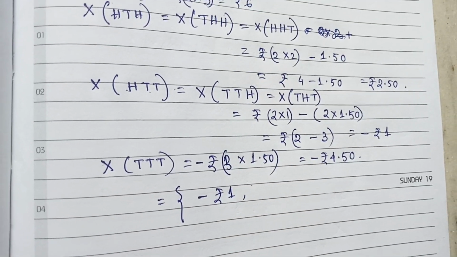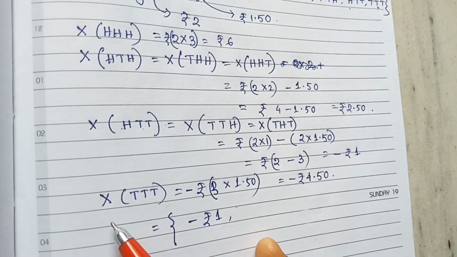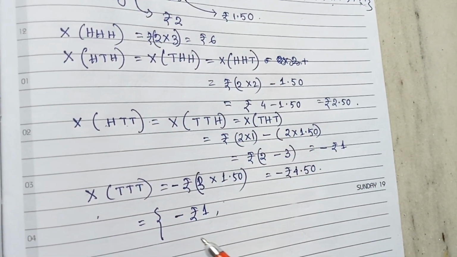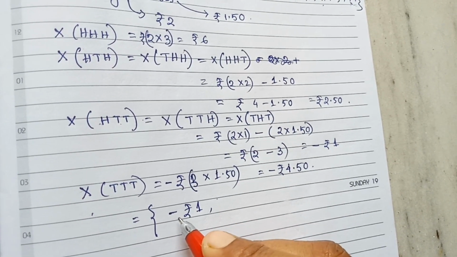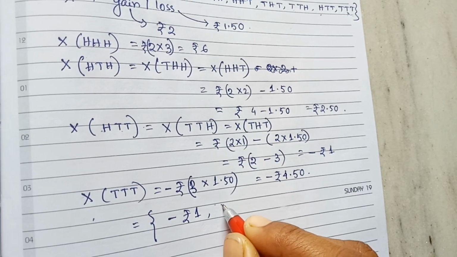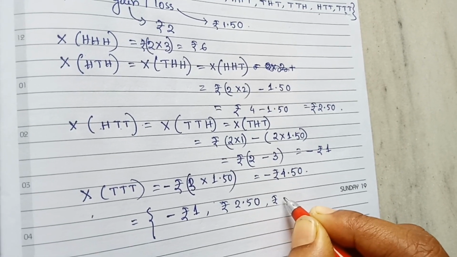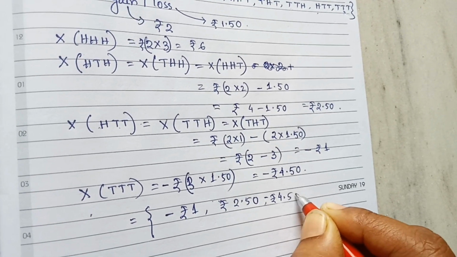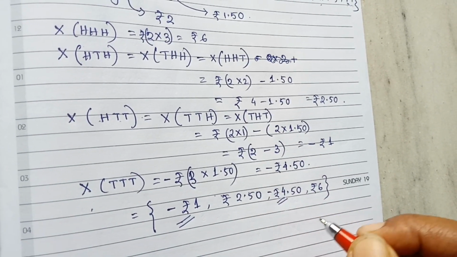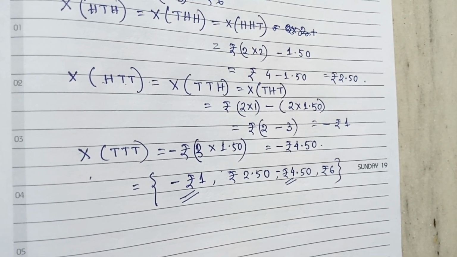So ultimately we are getting the values of this particular random variable associated to all sample points of this sample space. It's becoming minus ₹1, then ₹2.50, then minus ₹4.50 and ₹6. This minus sign represents the amount lost by that person.